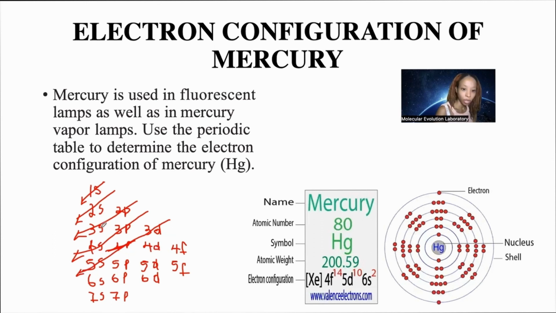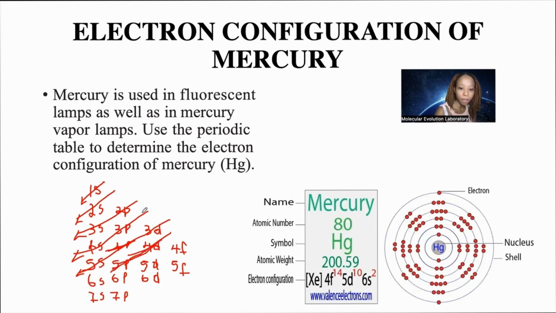This would be 2, 4, 6, 8, 10, this would be 12 plus 6, 18, would give us 28. 3d is 10, basically gives you 38. So 4d would be 10, followed by 5p. And here, around here, we basically get to the configuration of xenon.